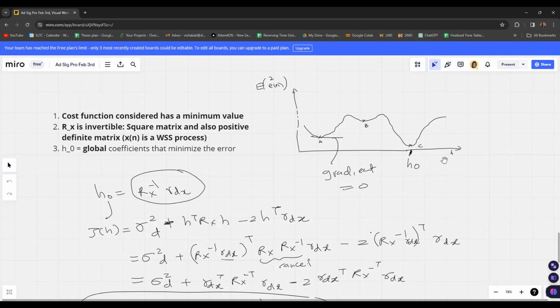So therefore we have to try to find the best, or the global minimum point, as much as possible if we have the resources, and use the filter coefficients corresponding to that global minimum point to achieve low error. Otherwise, if we use the filter coefficients related to point A, sometimes the error value might not go to zero or converge, or it's not going to go to a small value within a short time.